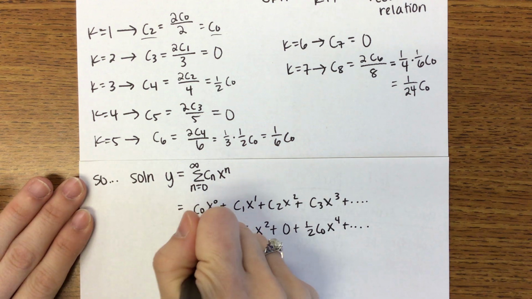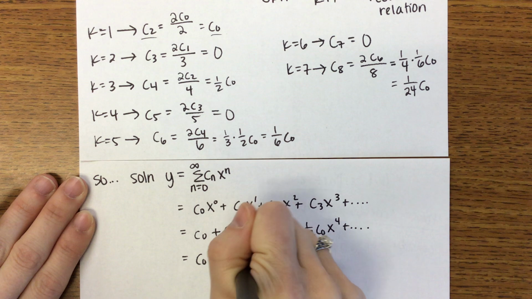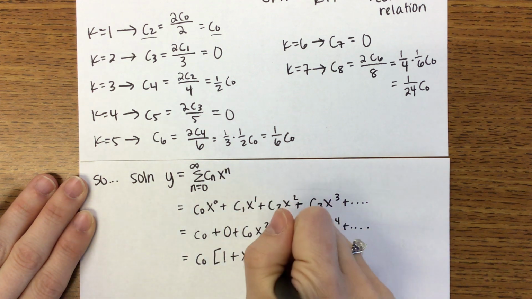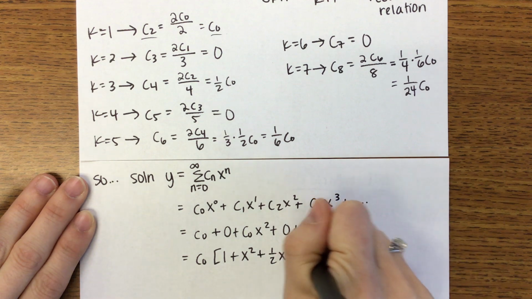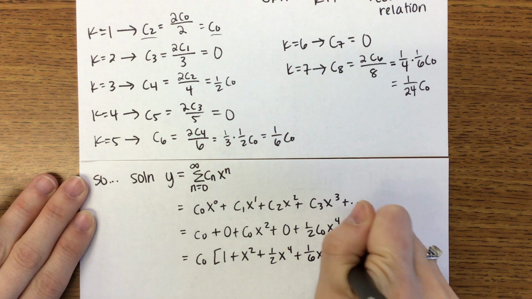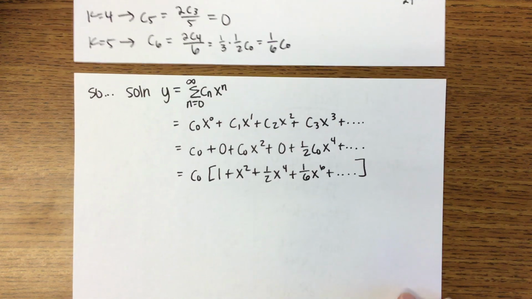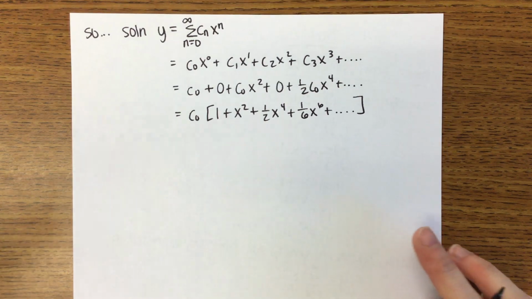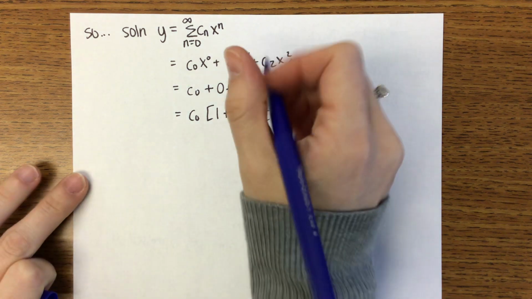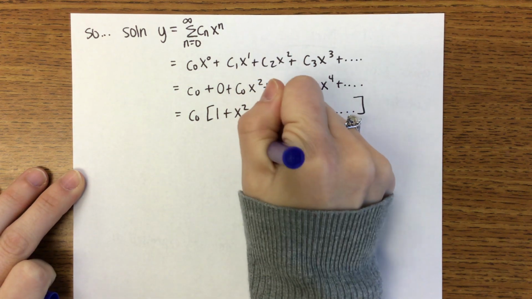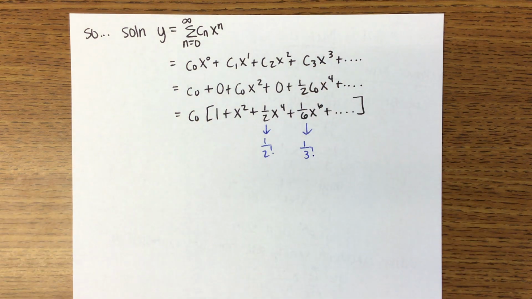Okay, so what we're going to notice is that we can factor out that c0, and we get 1 plus x squared plus 1/2 x to the 4th plus 1/6 x to the 6th, and we keep going. Now ultimately we hope to be able to write this as a power series, so we're going to try to look for some pattern. What you're going to notice is 1/2 is 1 over 2 factorial, 1/6 is 1 over 3 factorial.